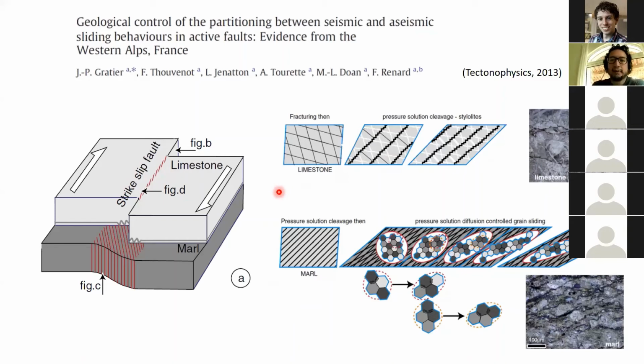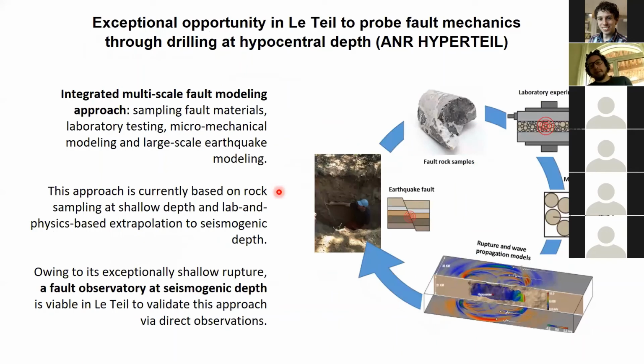All of this is part of the questions that we are aiming to explore in the ANR Hyperteil project that we submitted recently. Before that, we also submitted a smaller project that has been accepted for funding, which will fund boreholes at shallow depth to sample rocks.